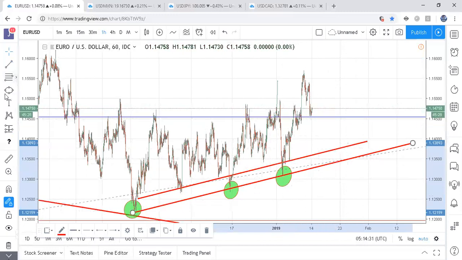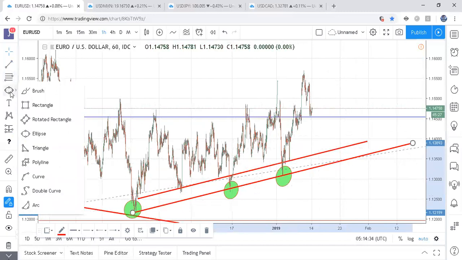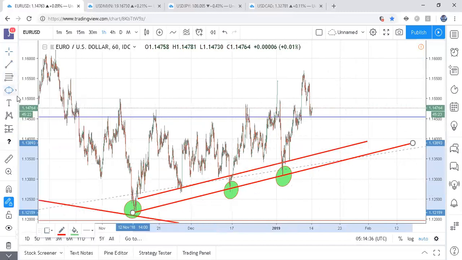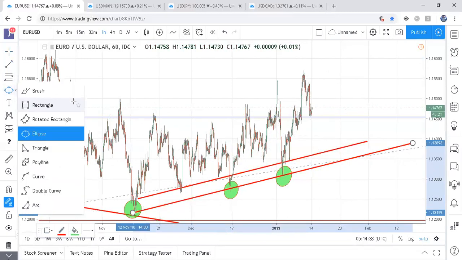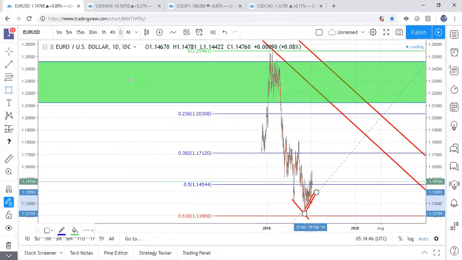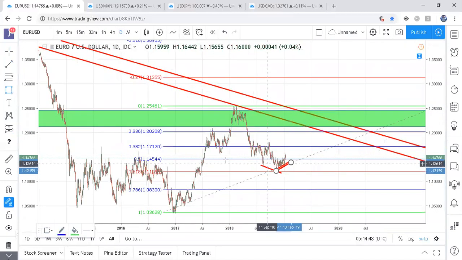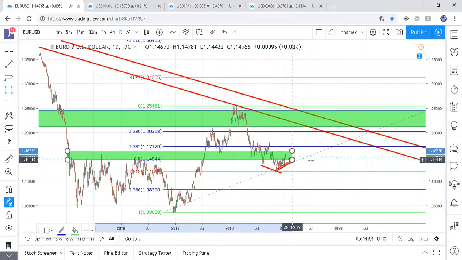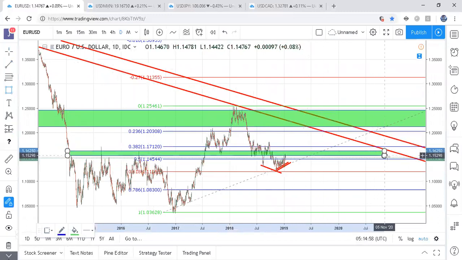Another thing that I had was this very important zone that had to break out so that we could see this as a buy. And it was this zone. I had to zoom out so you can see how important that zone really is, right here.